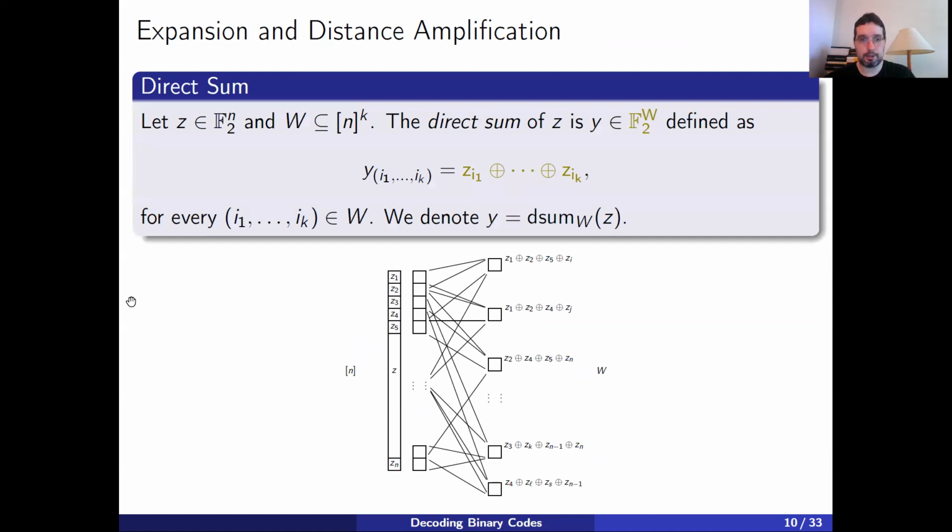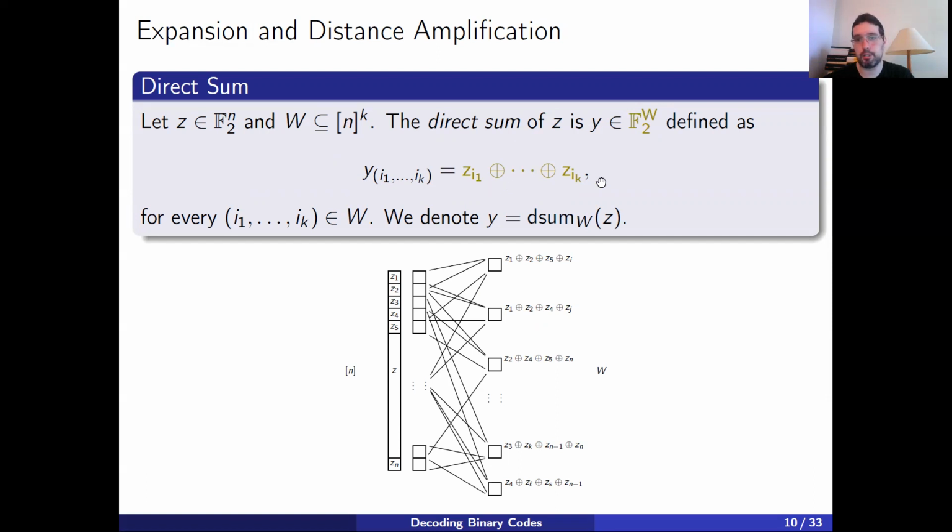And let's take another moment to formalize the direct sum better, because it's crucial here. So here we have a word Z in F2^N, and we have a collection of indices W. The direct sum of this word is going to be a new word, possibly on this larger space, F2^W, such that for each tuple, we take the XOR of the symbols of Z associated with the indices in the tuple.